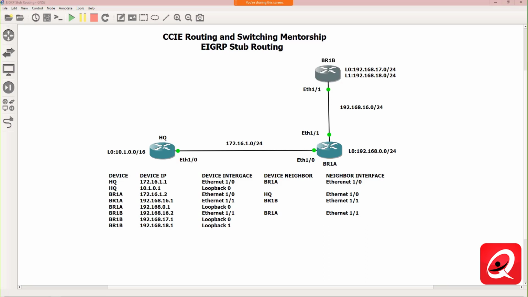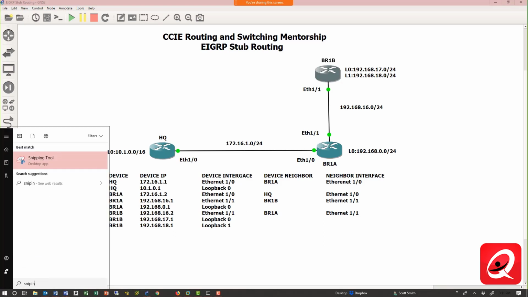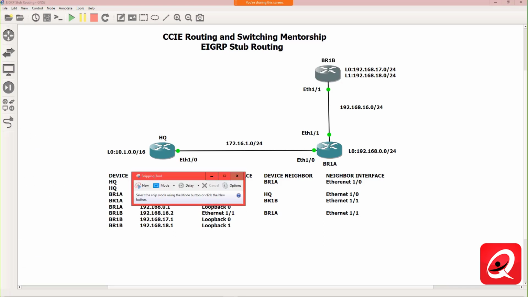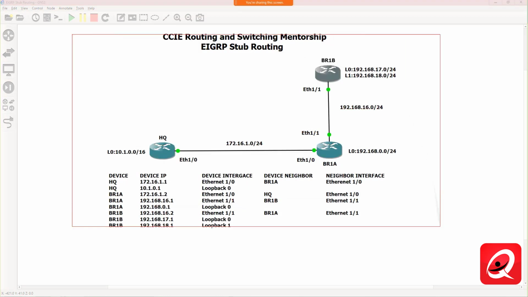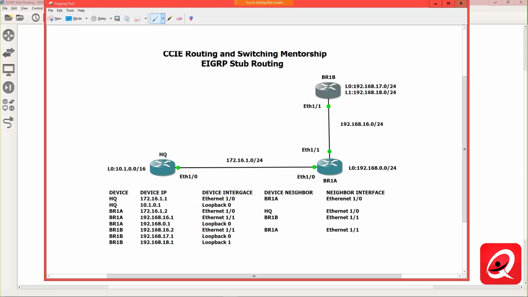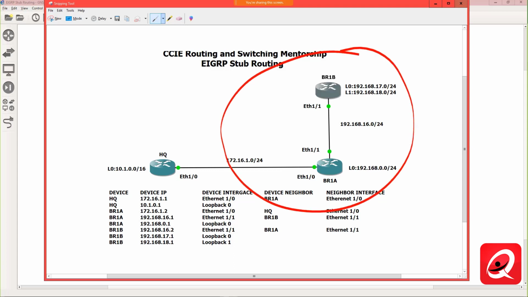But what if we can't engineer a feasible successor into a topology? For example, this topology here is not going to have a feasible successor because we don't have a backup path. Let me grab a snippet of this topology here. In this particular case, we simply have a stub network. This is what we refer to as a stub network, meaning that there's one way in and one way out of that domain.